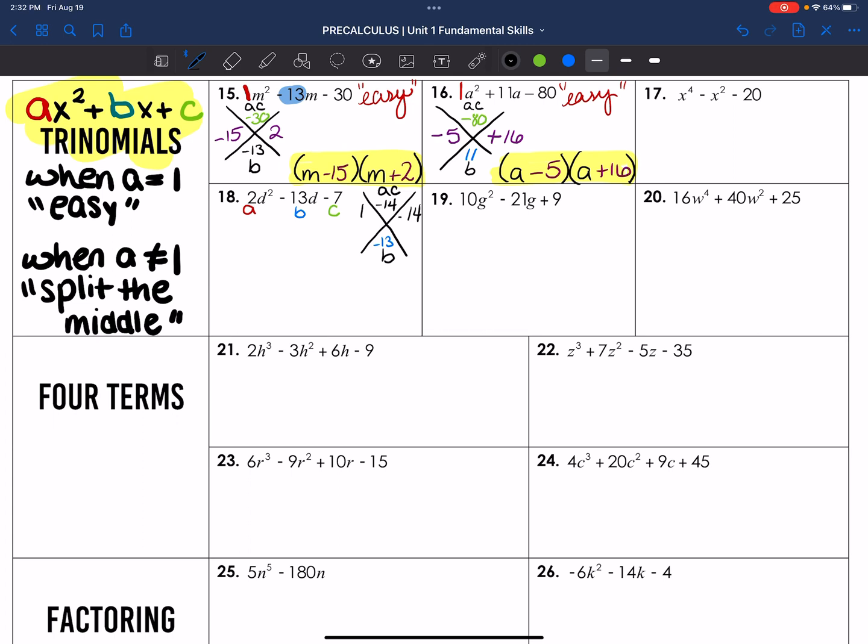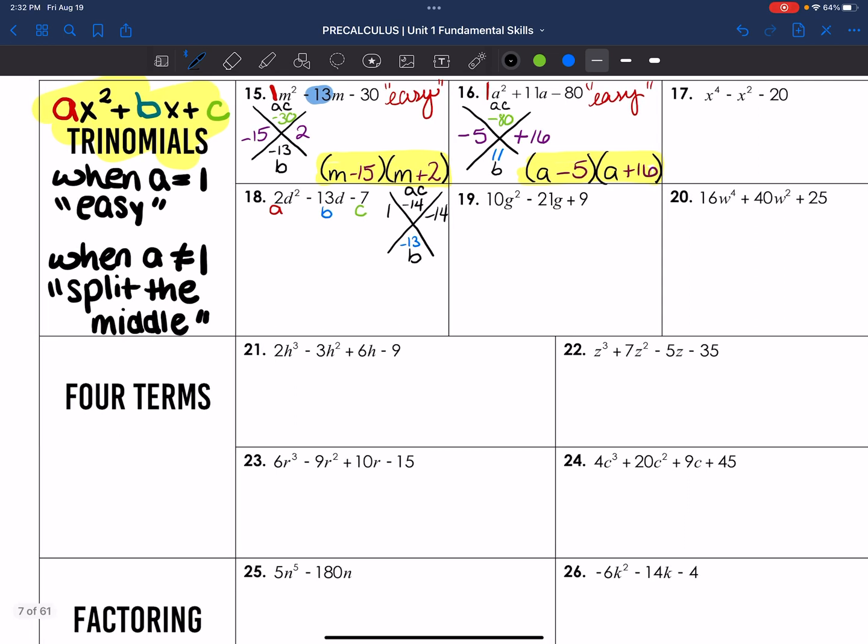And if we make this one negative, boom, that will be the value that completes our little square. And so that is what we use to split our middle. We're going to say, instead of these 3 terms, it's the same thing as 2d squared plus 1d minus 14d and then minus the 7.